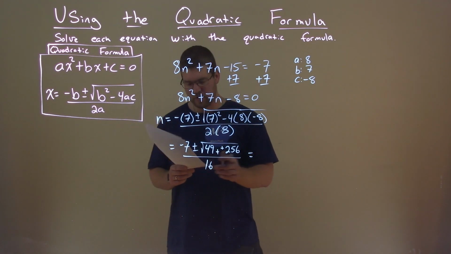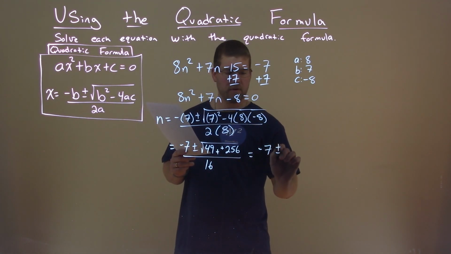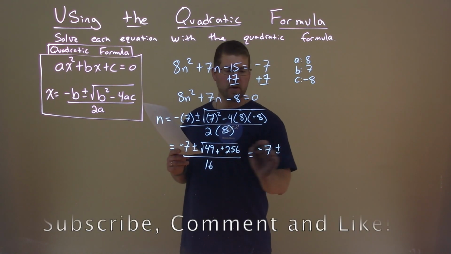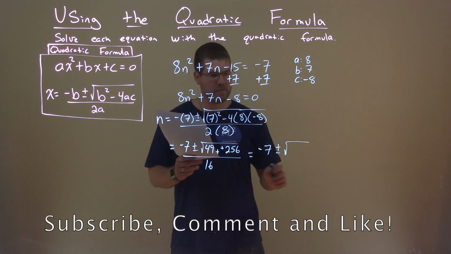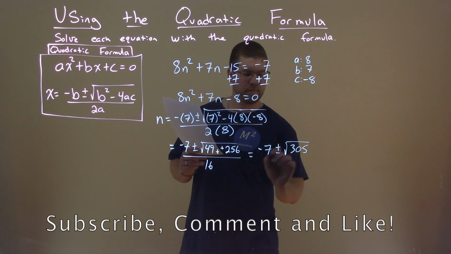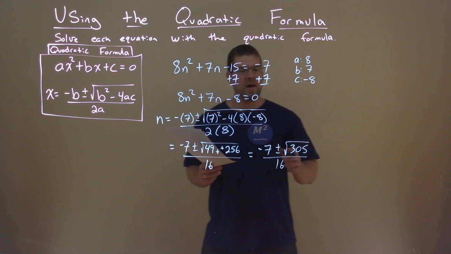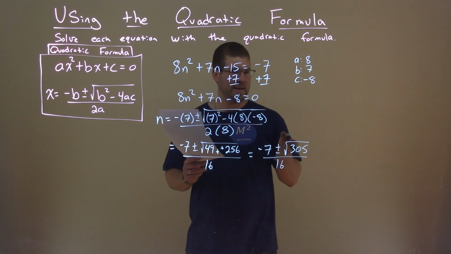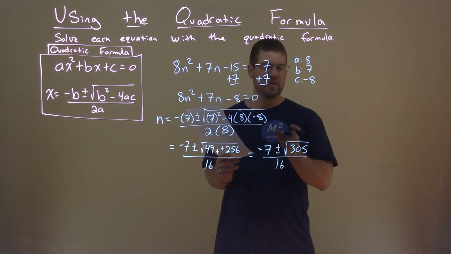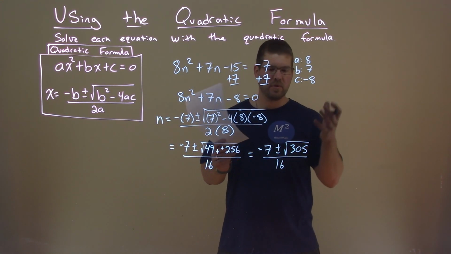So let's simplify this a little more. Negative 7 over here, plus or minus. Well, 49 plus 256 is 305. And then we have 16 down here. And, well, this doesn't really simplify anymore. We have the plus or minus here, but square root of 305 doesn't really break down anymore.